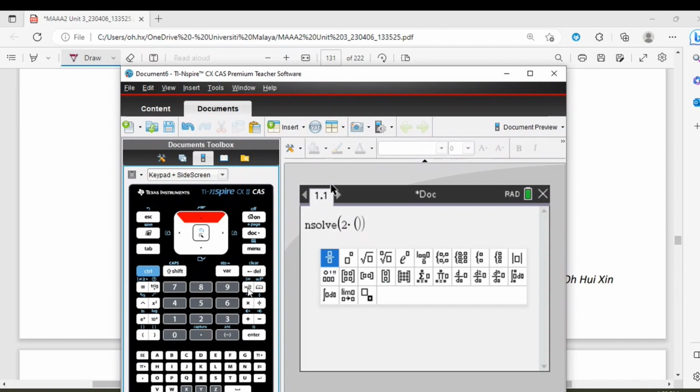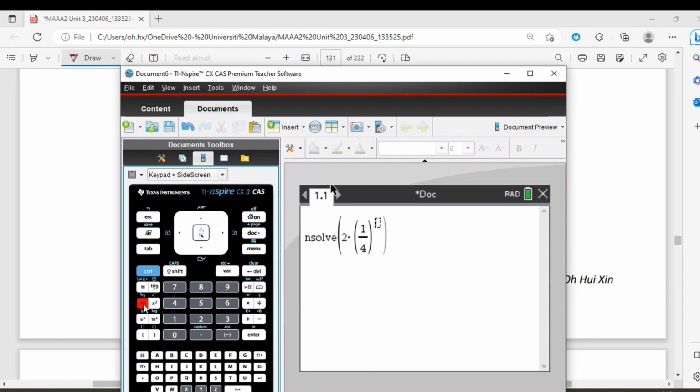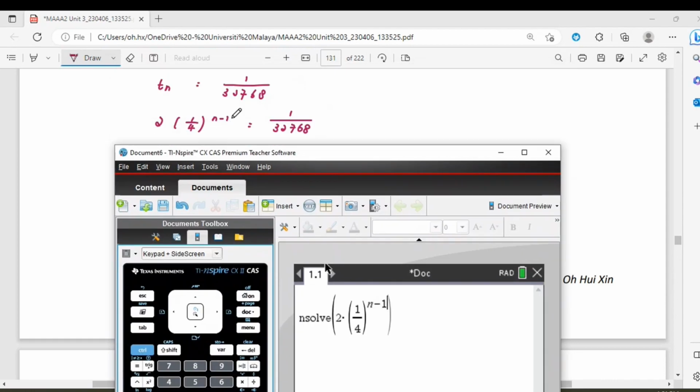So we are going to use the fraction one. Then I can put 1, tab, and then 4. Either one, 1/4, is also no problem. Then after that, you close your bracket. Then you still remember how to do the power, right? You press this, then you go up, then now you key in n minus 1. So we have completed the left-hand side of the equation already.